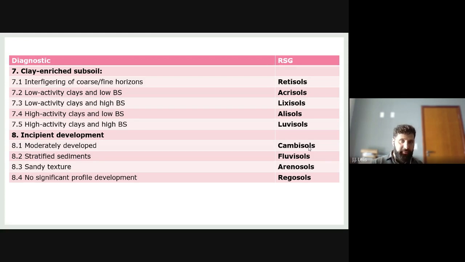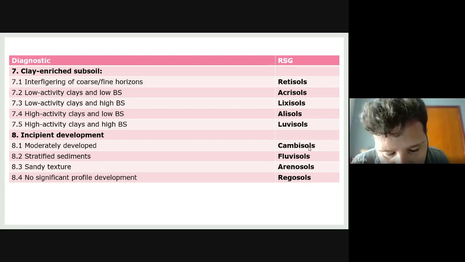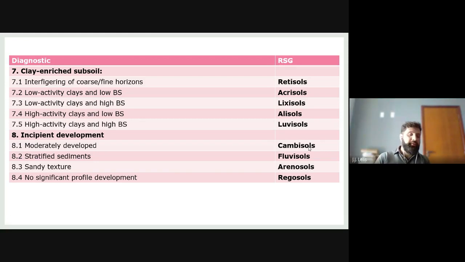Base saturation we can also measure only in the lab, but we can infer some information from the landscape, from the land use, from the species that we can find in that area.